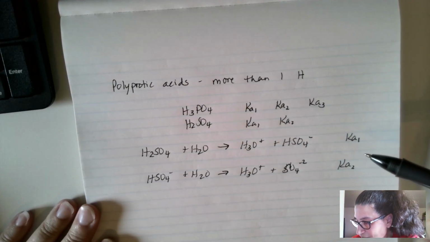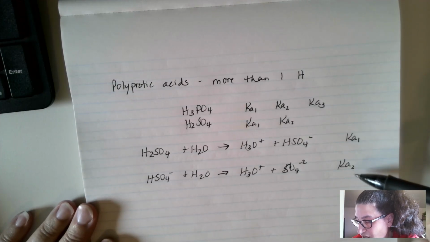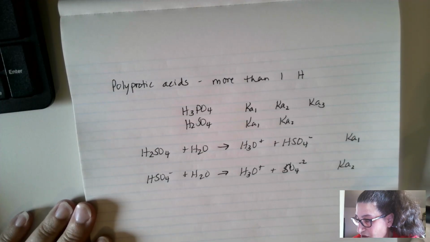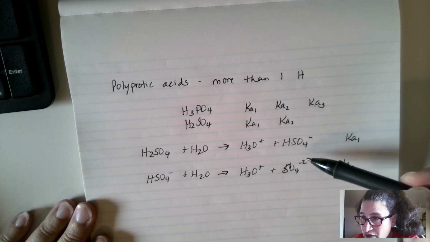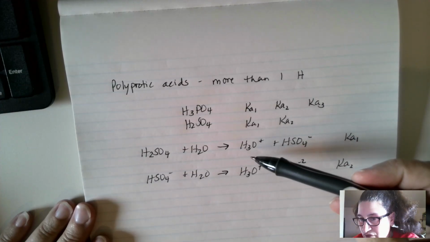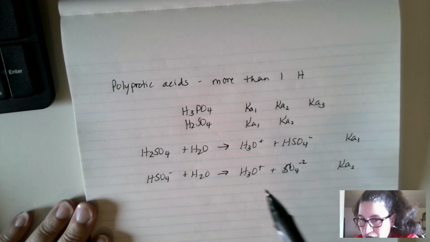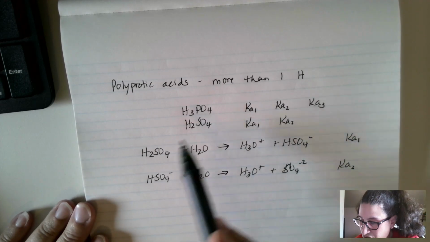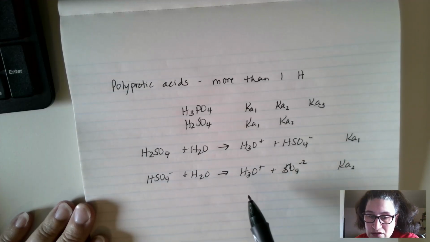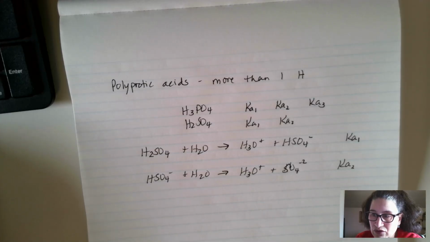Now typically these Kas, especially Ka2 and Ka3, are very, very small. The bulk of your ionization comes from the first one. So a lot of times we can base our pH off of that first ionization, but not always. And I made a separate video just going through polyprotic acids. So that's pretty much all I'm going to say about those, because you can watch that other video.